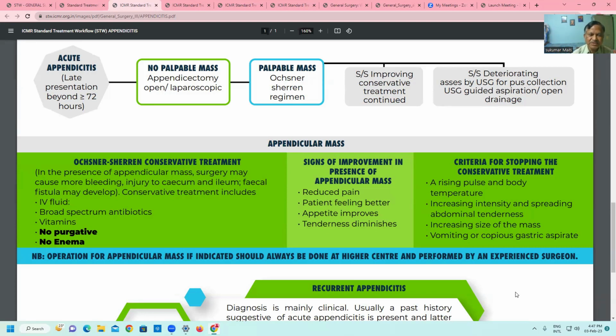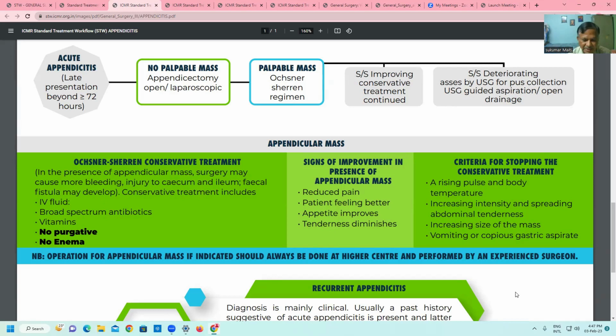With aspiration, the patient will improve, and later we can plan the patient for appendicectomy if the patient improves with aspiration only.